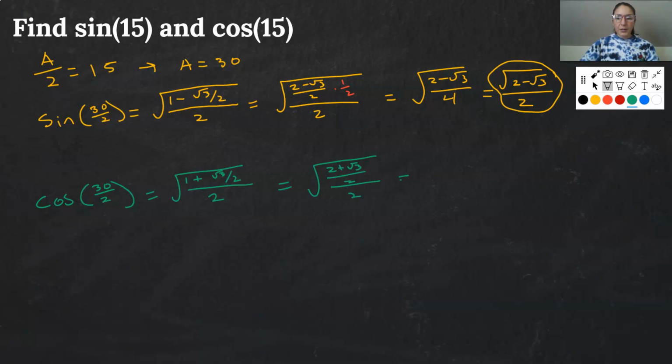All this is over 2. You can see that this looks eerily familiar, so I'm just going to cut to the chase. 2 plus root 3 over 4. 2 plus root 3 square rooted over 2. Right? Notice the very, very slight difference here.